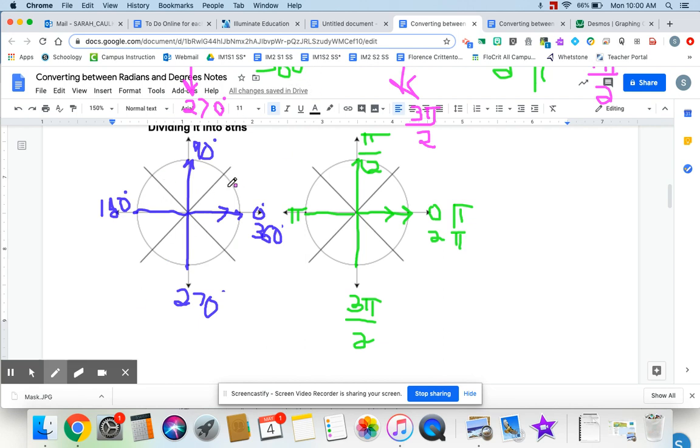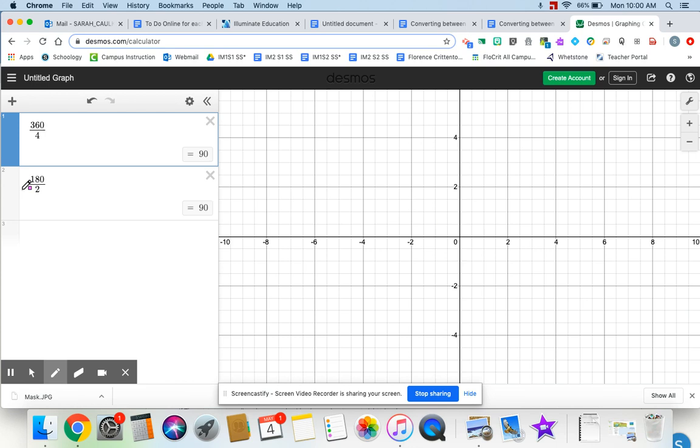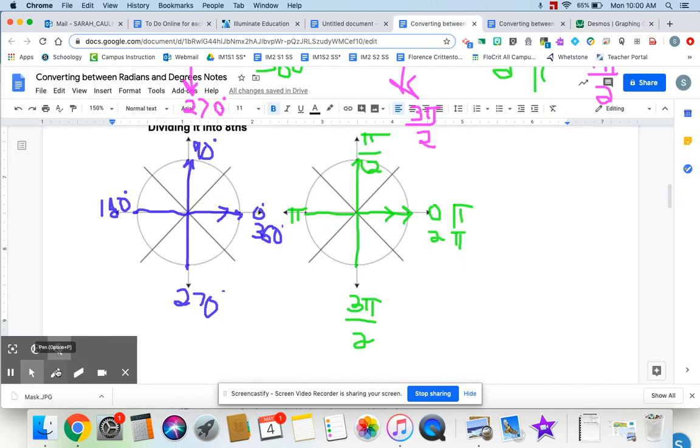Okay. So now we're dividing it into 8s. So if I took my whole circle, the whole 360, I divide it by 8. We find out each 8th was 45 degrees. Which means that this one here, oh wow, it got really thin. I wonder why. It's 45 degrees.